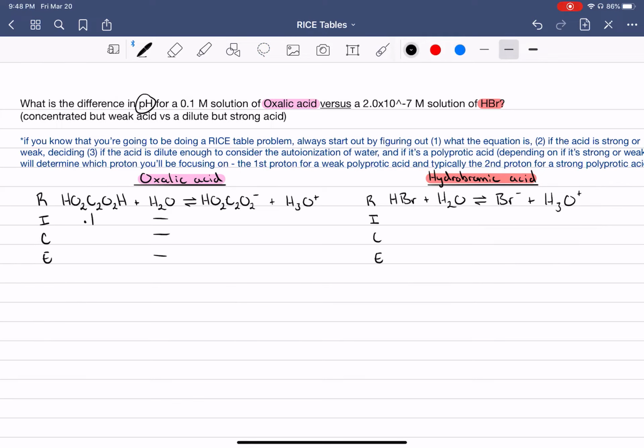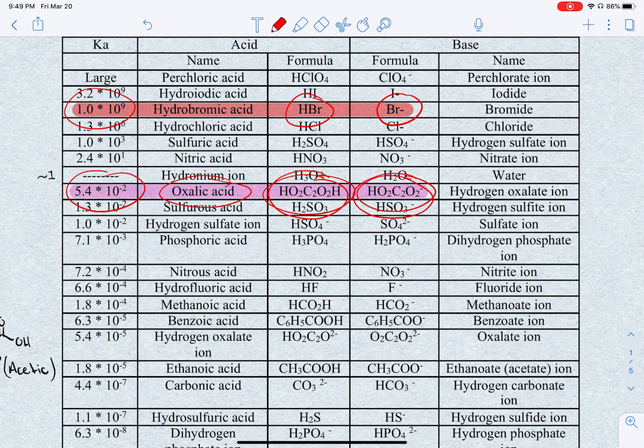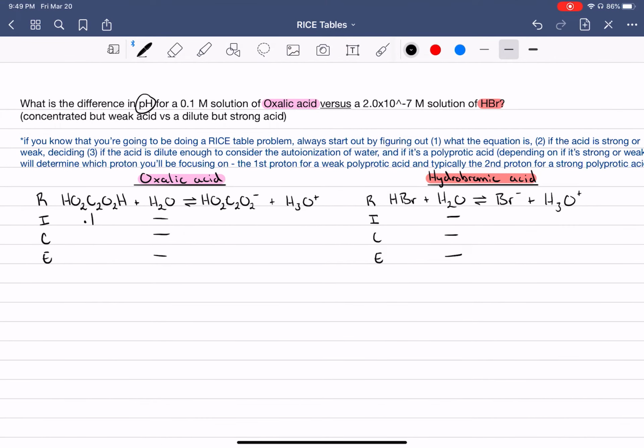I ignore H2O for all these because it's a pure liquid. I also need to look up the Ka value for oxalic acid. So I'm going to go over here, and it's 5.4 times 10 to the negative 7th. So Ka equals 5.4 times 10 to the negative 7th.